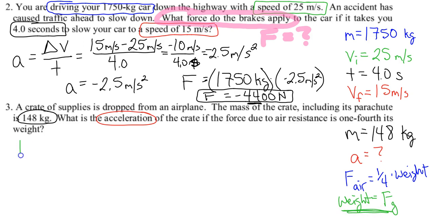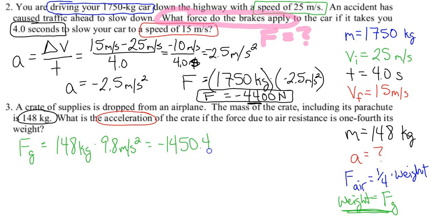So the force of gravity on the crate is equal to the total mass, so 148 kilograms, times our acceleration due to gravity, 9.8 meters per second squared, which gives us a total weight or a total force of gravity of negative 1,450.4 newtons. And that's going to get rounded later.